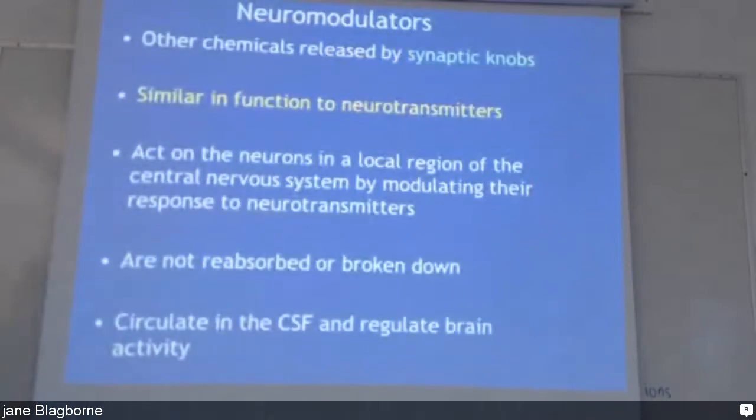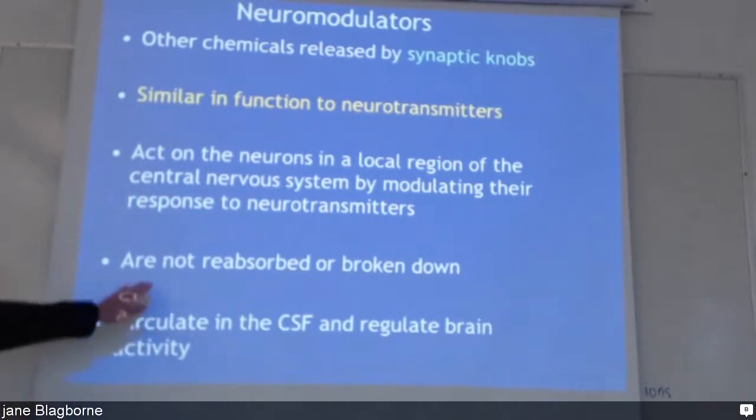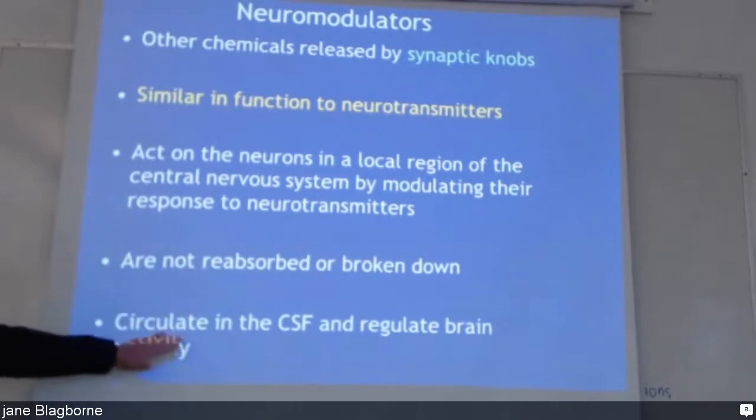Neuromodulators. They're just more chemicals, something more we learn, released by the synaptic nodes. They have a similar function as neurotransmitters. They're not reabsorbed and they're not broken down, and they circulate in the cerebral spinal fluid to regulate brain activity.